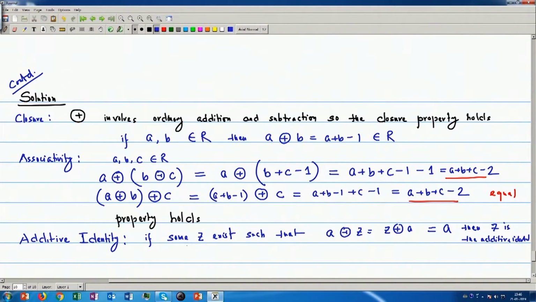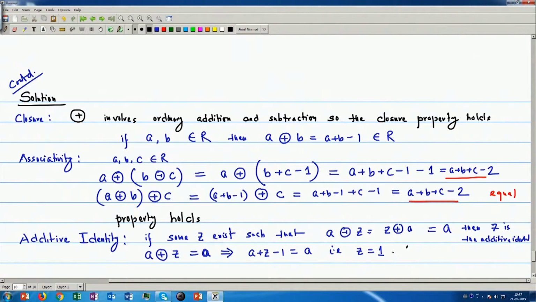So, if I write a ⊕ z = a, this implies a + z − 1 = a, that is, z = 1. So, 1 is the additive identity.